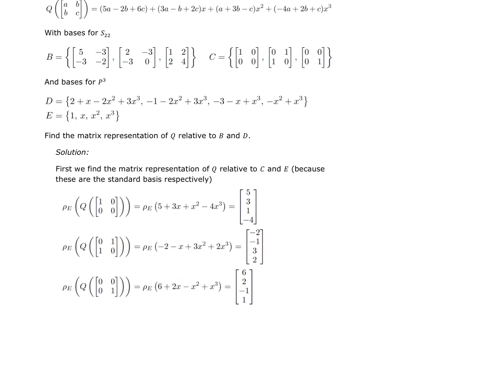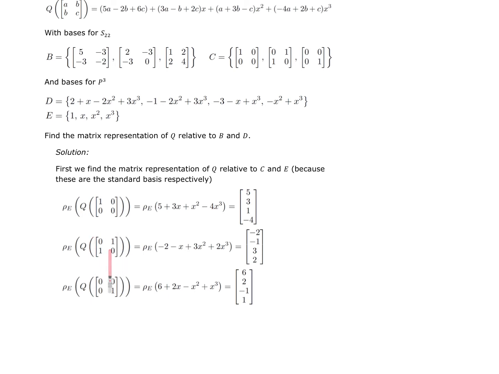So what I do is I set up the equation. I put in the standard basis into my linear transformation, that's here, and I end up with this polynomial. Now, this polynomial, with respect to E, because E is a standard basis, its vector representation is strictly just going to be this. So no real thinking process there.